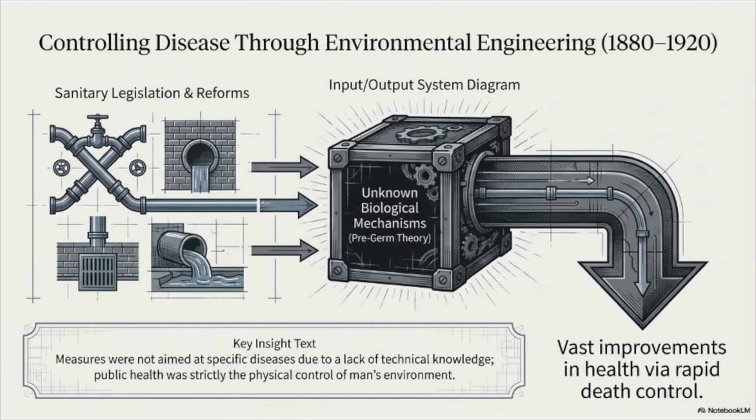Although these measures were not directed against specific diseases, they dramatically reduced infectious diseases such as cholera, typhoid, and dysentery. This period clearly demonstrated that improving environmental sanitation could greatly improve population health and reduce mortality.